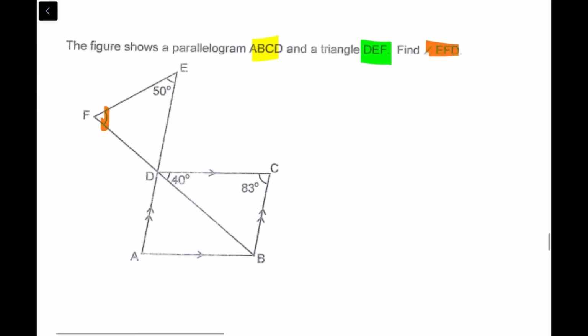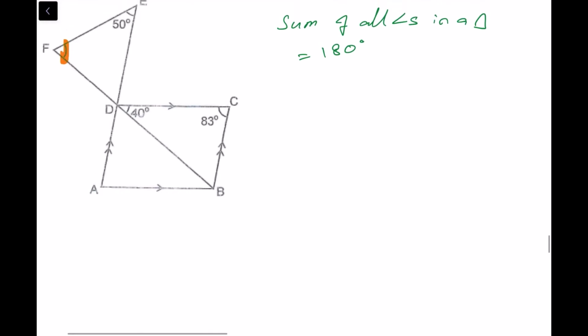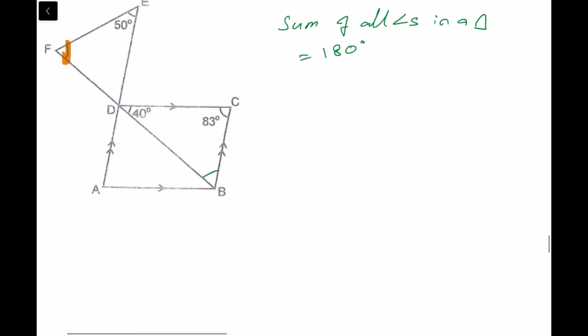All of you would know this basic property that the sum of all angles in a triangle is equal to 180 degrees. So in triangle DCB, we need to find what angle CBD is.